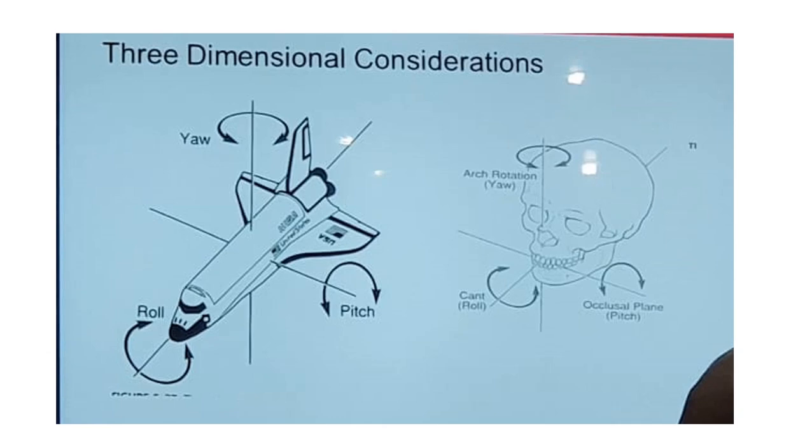And from the horizontal line of axis, the rotation is called the pitch, and the occlusal plane is rotated during surgery in this axis, and along the vertical axis the rotation is called the yaw, and the arch is rotated in this manner, in the yaw manner.